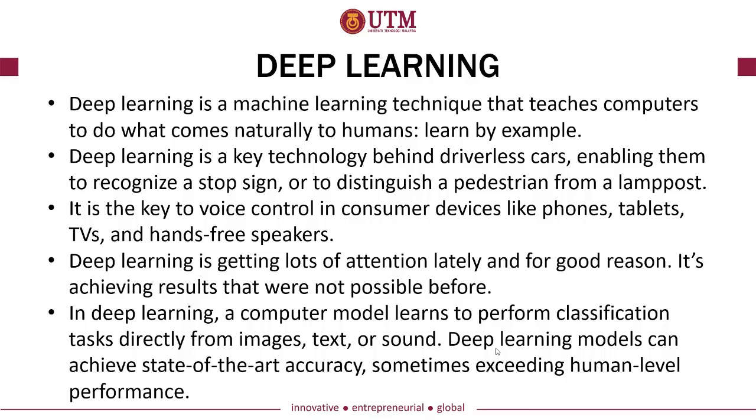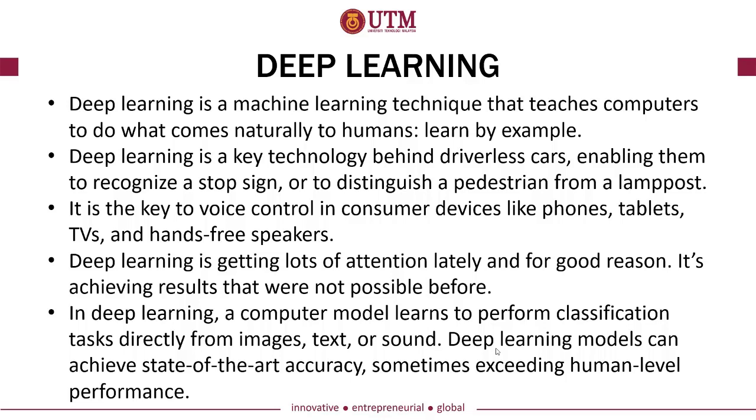Of course, these are some examples that we have seen so far. The progress and benefit of deep learning in our life, where we can see technology related to the driverless car, enabling it to recognize the stop sign and to distinguish a pedestrian. This has been contributed by deep learning.